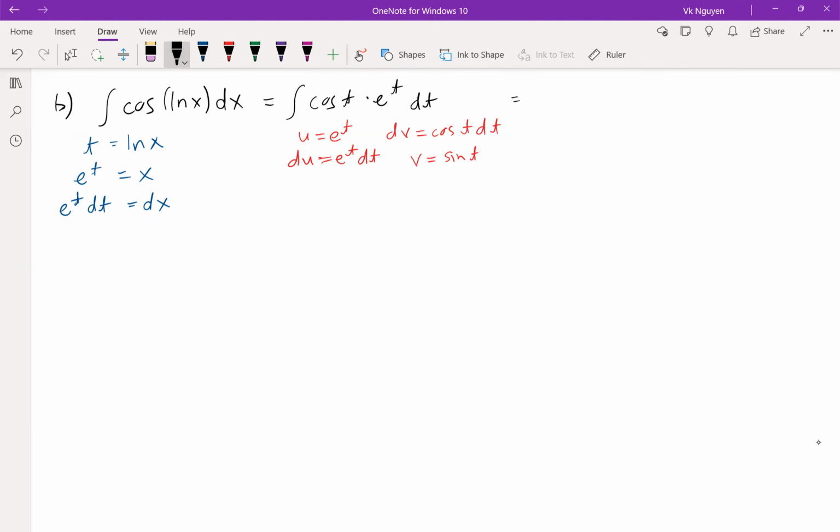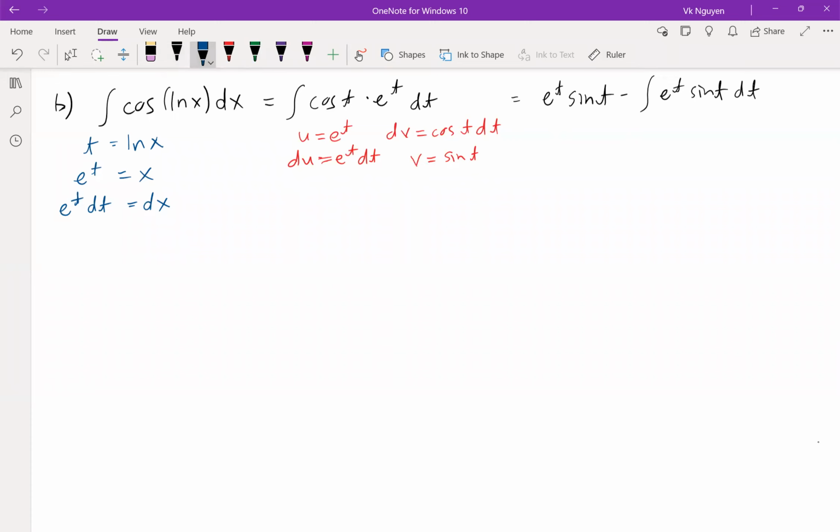Using integration by parts, we have uv, e^t sine t, minus the integral of v du, e^t sine t dt.